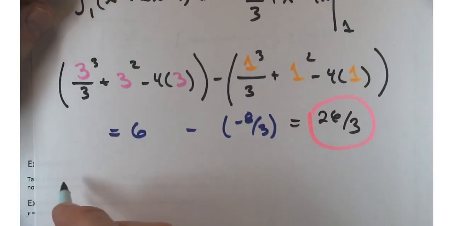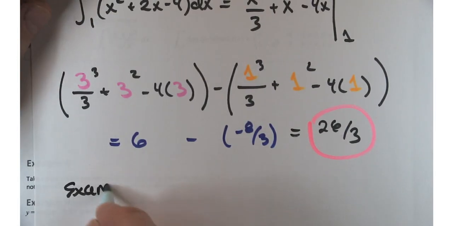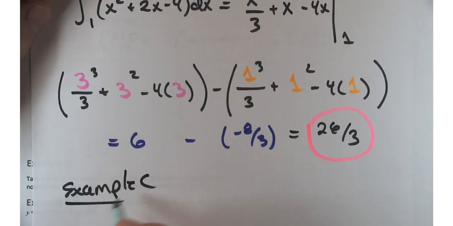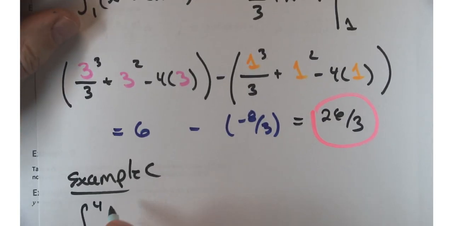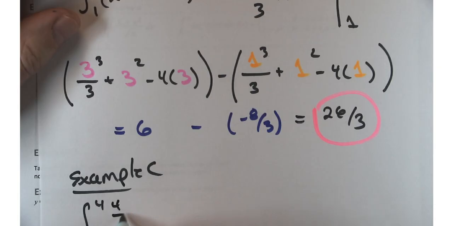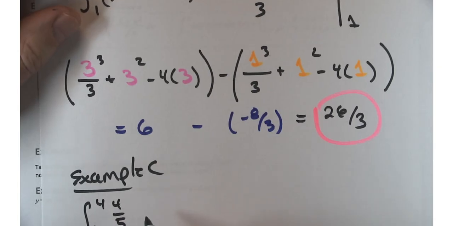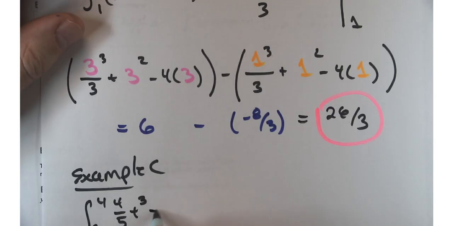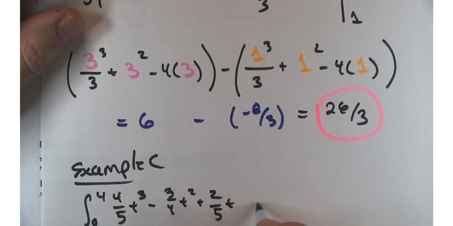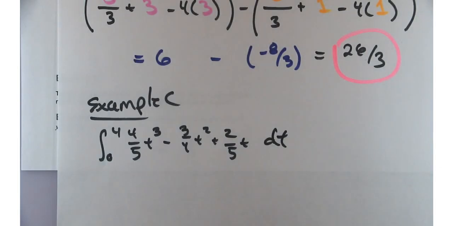So we've got the integral from 0 to 4 of 4/5 t cubed minus 3/4 t squared plus 2/5 t, and that's all dt. I don't like the t's. They look too much like pluses. Let me put a little parenthesis around this.